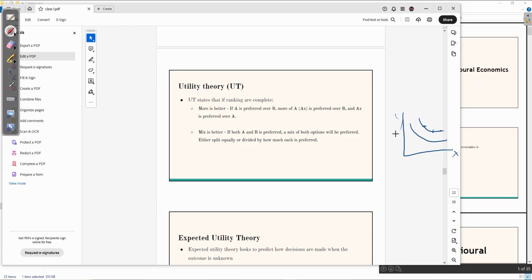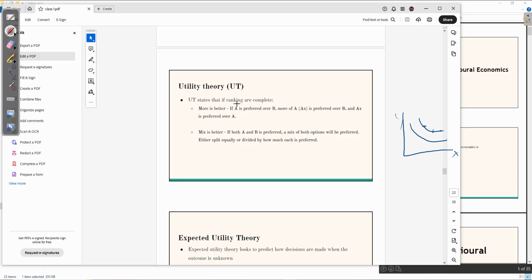So if A is the good, and AX is a quantity or a bundle of the same good with more of A, then if A is preferred over B, AX will also be preferred to B, because AX has more of A than the A.